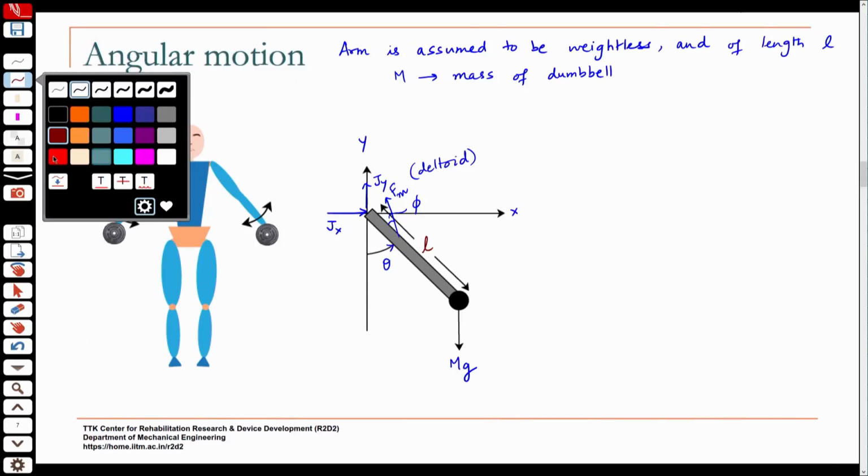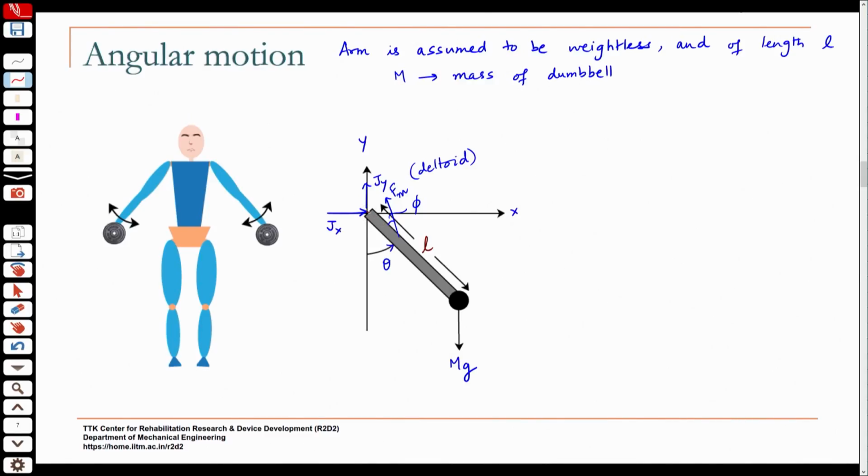So, let us say I have a coordinate system with one axis aligned along the rod. Let me call that unit vector Er, and I have E theta.